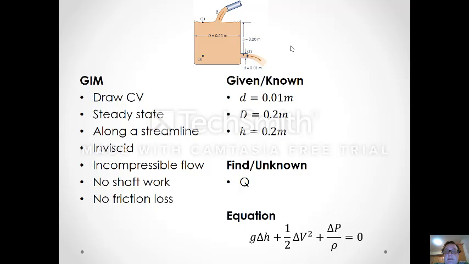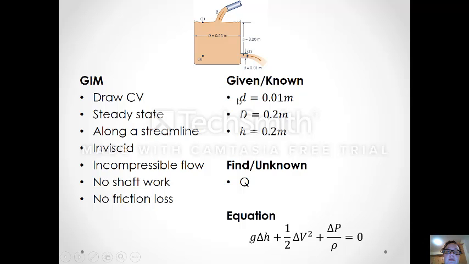So I'm going to assume steady state because this question doesn't specify otherwise, and so steady state is a reasonable assumption. I'm going to say inviscid, meaning I can neglect friction losses, and that it's incompressible. All I know is it's a liquid. It's probably, assume it's water. And then we're going to assume that there's no shaft work because there's no pumps, no turbines, nothing like that added, and no friction losses, which is kind of repetitive from inviscid.